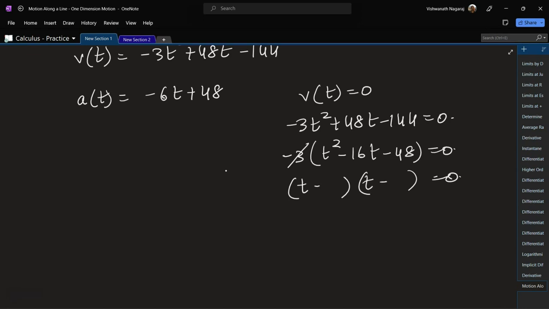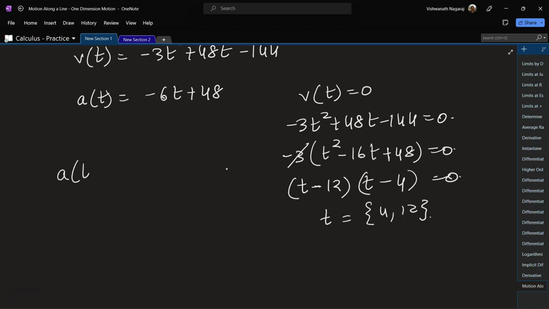T minus 12, t minus 4. 12 fours 48. 12 plus 4 is 16. So when you multiply these two, minus 12 times minus 4 is plus 48, minus 12 minus 4 is minus 16. So that means t is equal to 4 comma 12.